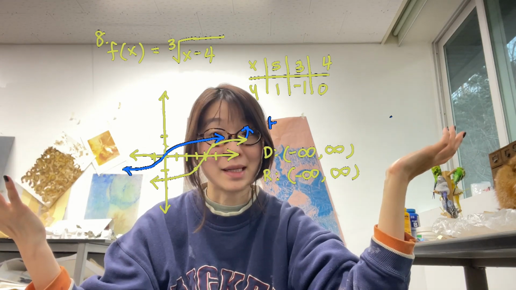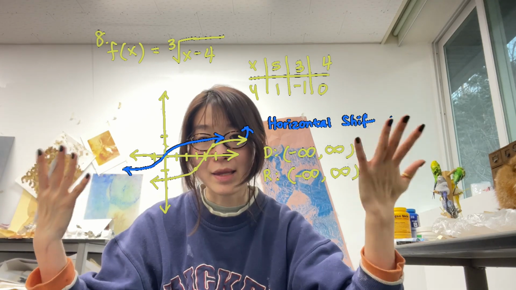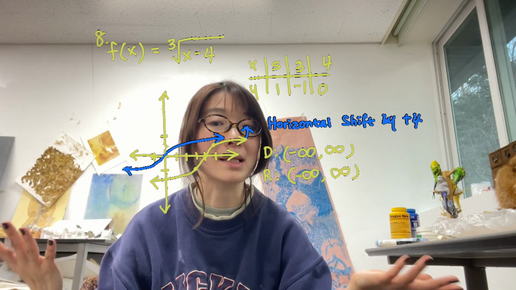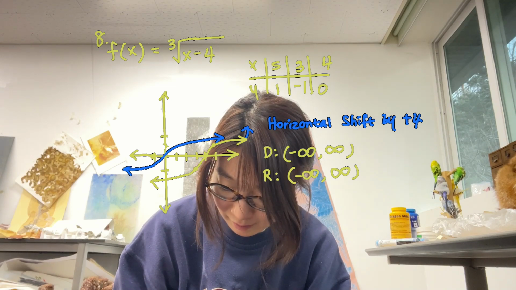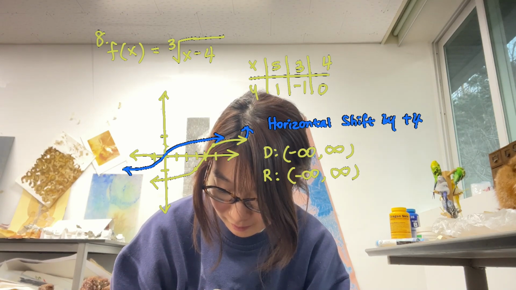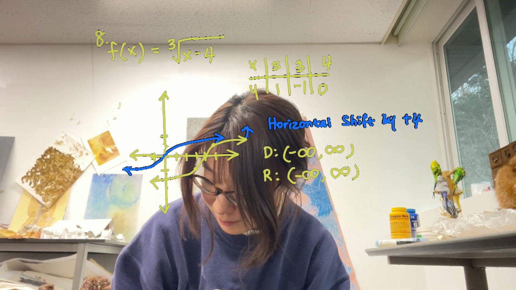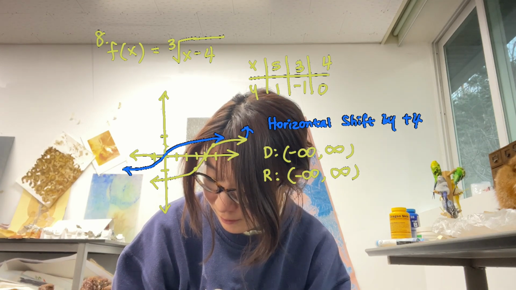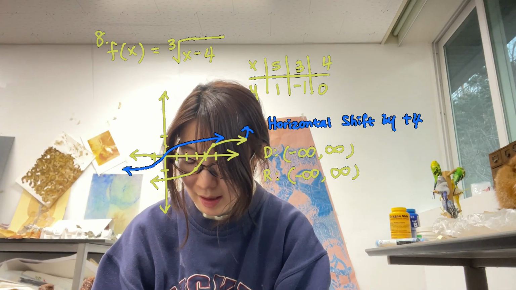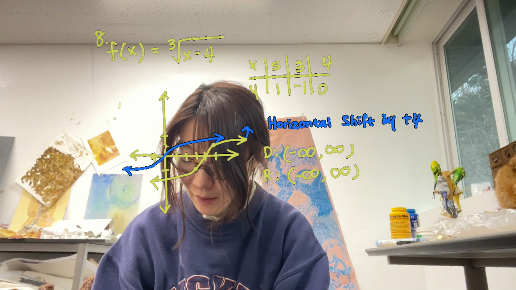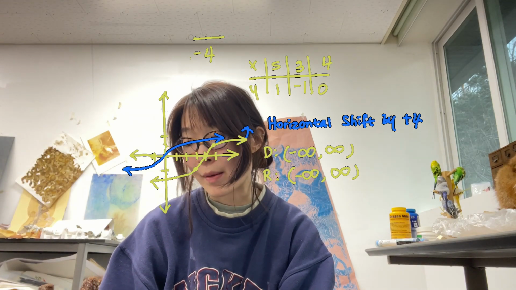That means our x would have to be 4, right? So there was a horizontal shift by positive 4 units. All right. And again, there was no real impact on our domain and range at the moment.